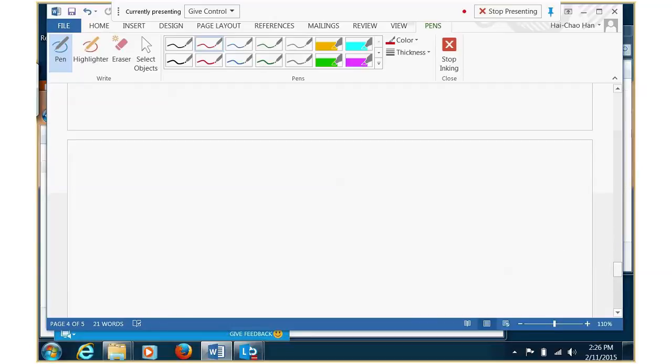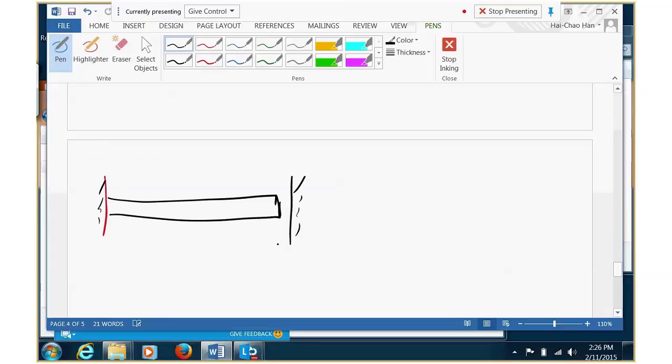There are different types of misfit. One is you have a cylinder, it will be short there, and then you can have a misfit.